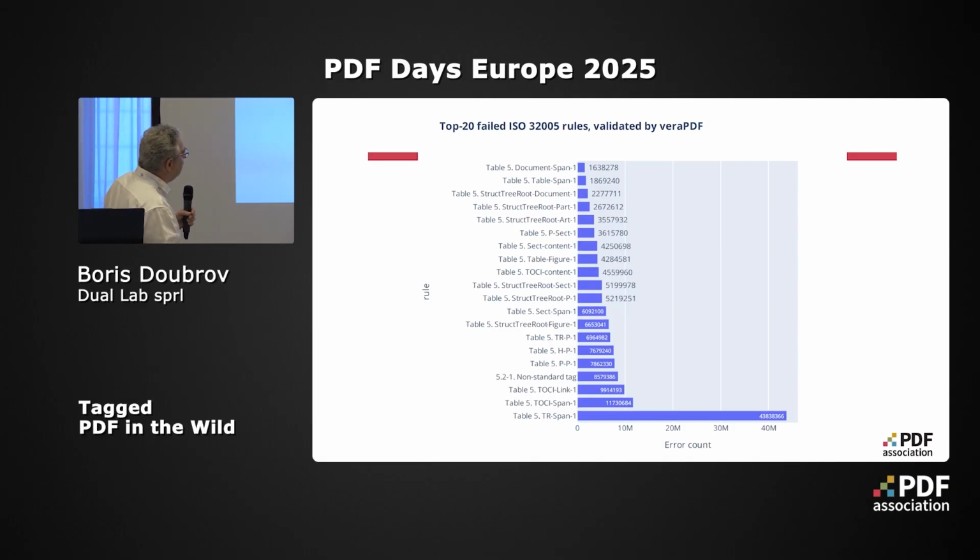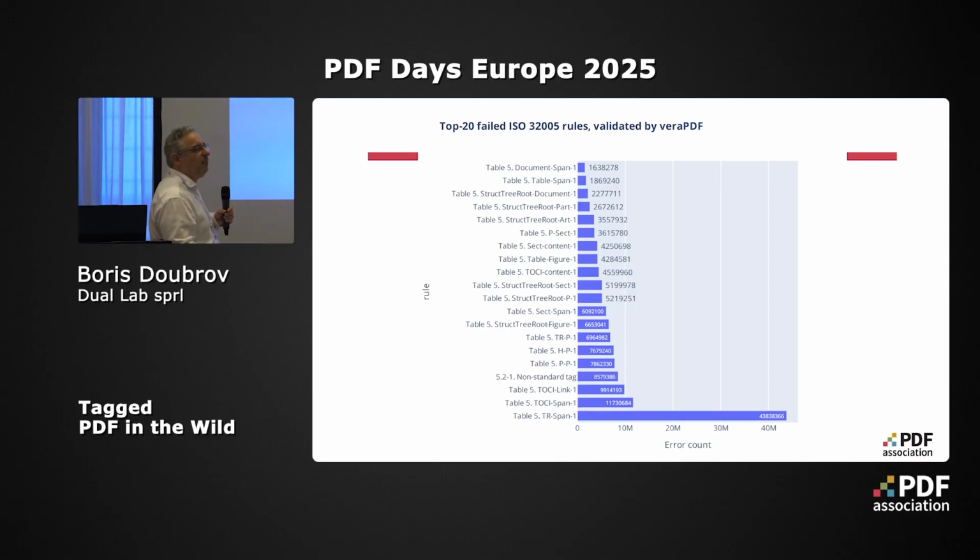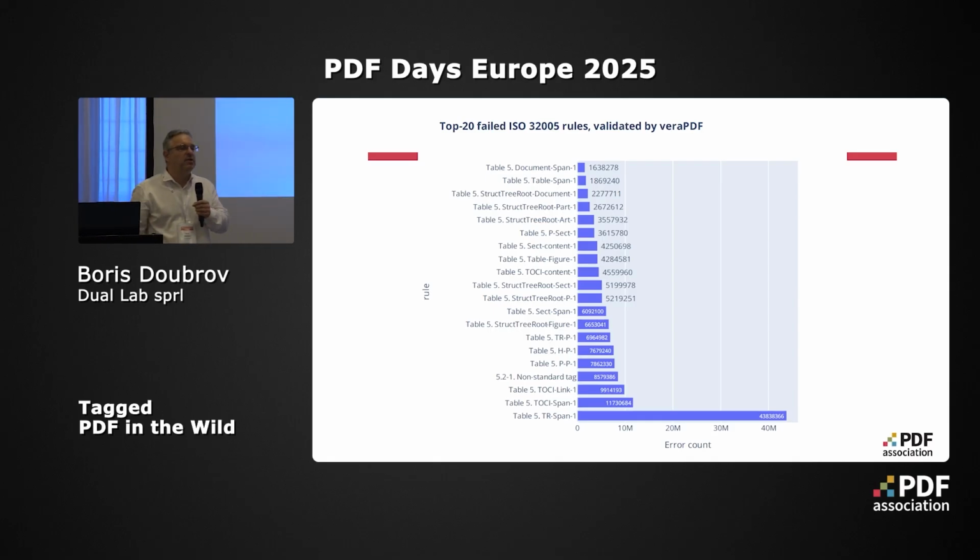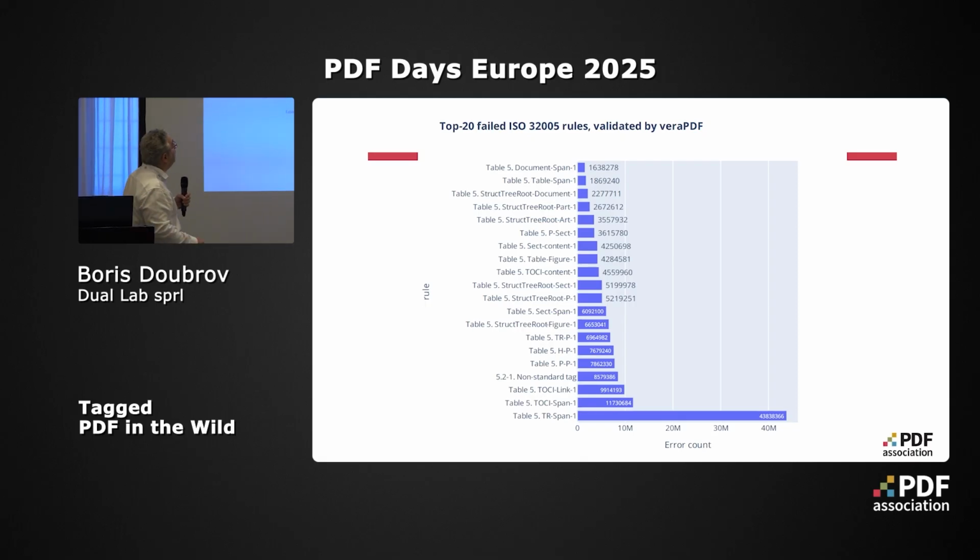By and large, the most typical thing was this one. If you don't see it, it's span inside TR. Lots of documents put span inside TR, maybe for lines, for table borders. I think that was a very valid practice in PDF 1.7, and it is forbidden by this specification, but still that's indeed a very common practice.